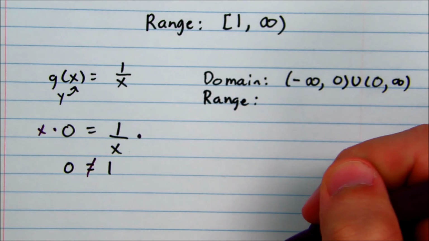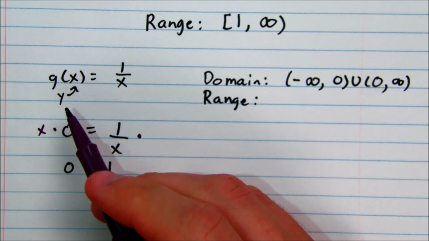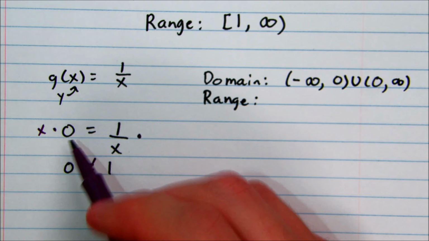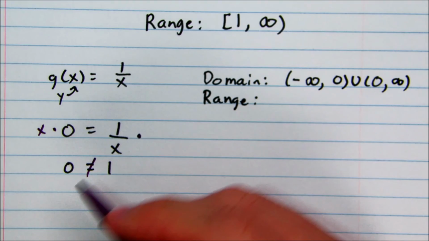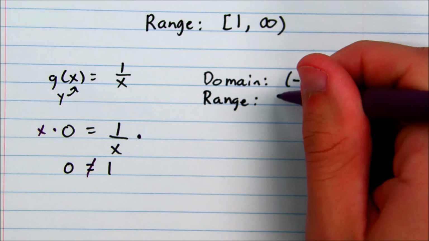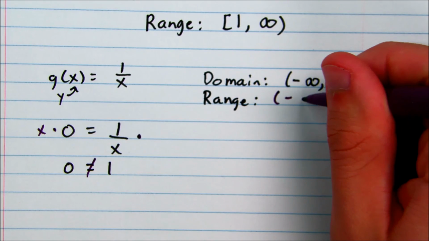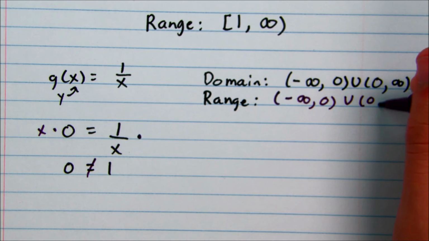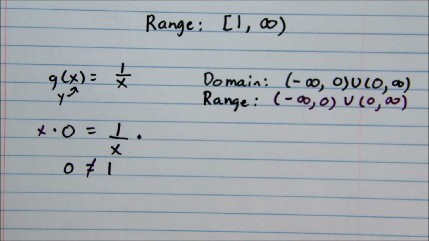So I cannot find any x value that will give me a y value of 0. That's one way to algebraically test it. So my range is the same as my domain here. It's everything but 0.